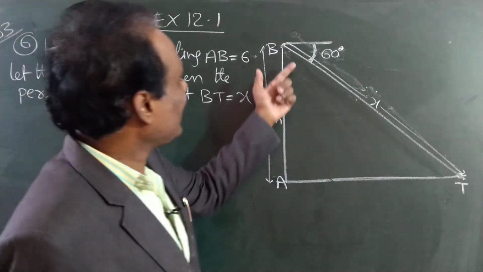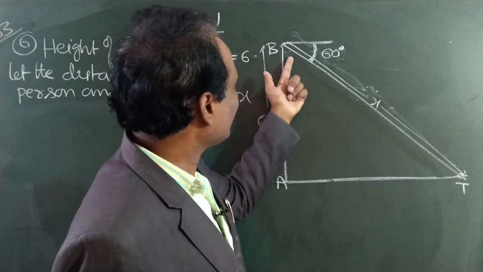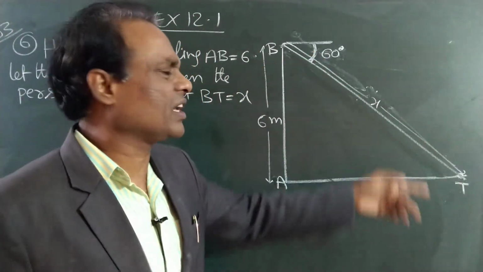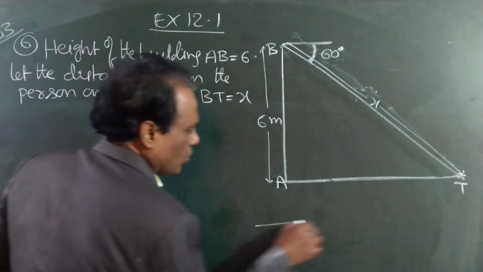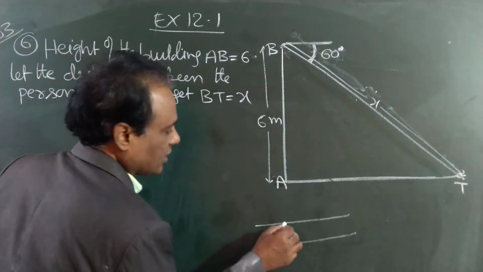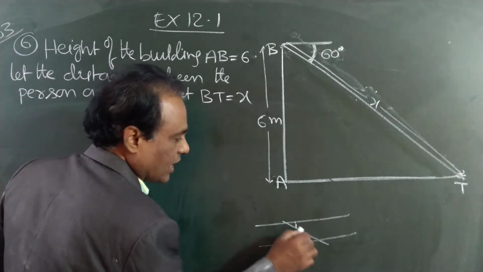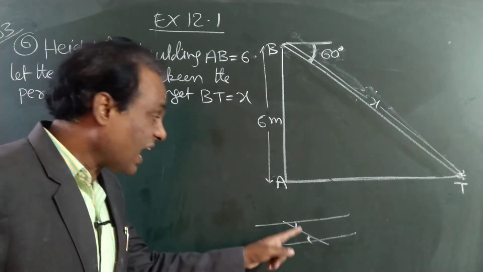Now, see, this outside angle is given, but the inside angles are not given. We can find them. If you draw two parallel lines and this is a transversal, then this angle and this angle are called alternate angles.